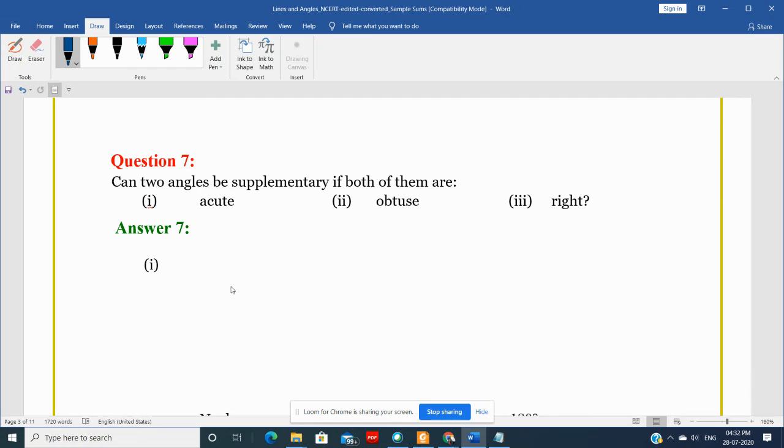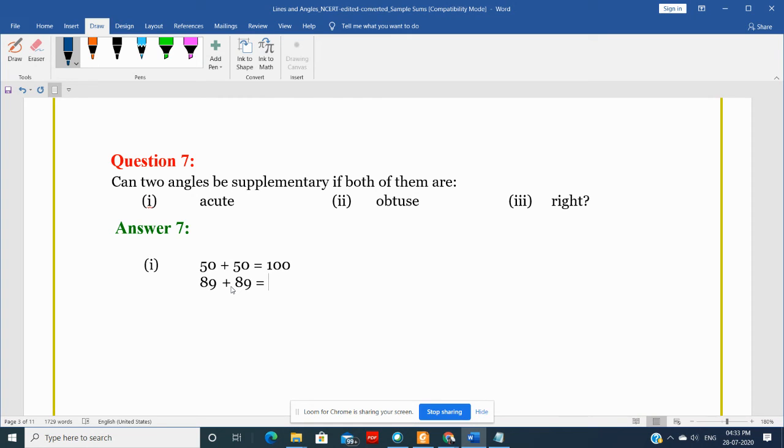Let's take 50 and again 50. So 100, not becoming supplementary, right? Let's take one more. Let's take 89 plus 89. Meaning we went to the extreme end, reduced just 1 from 90, still it will not work, right?